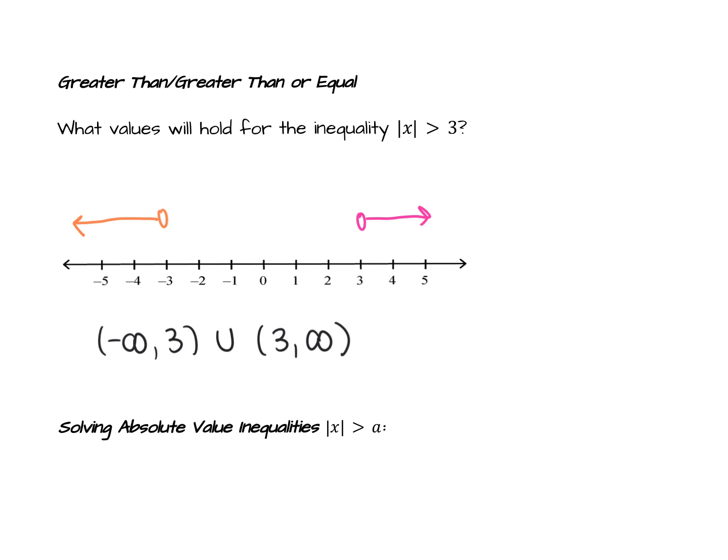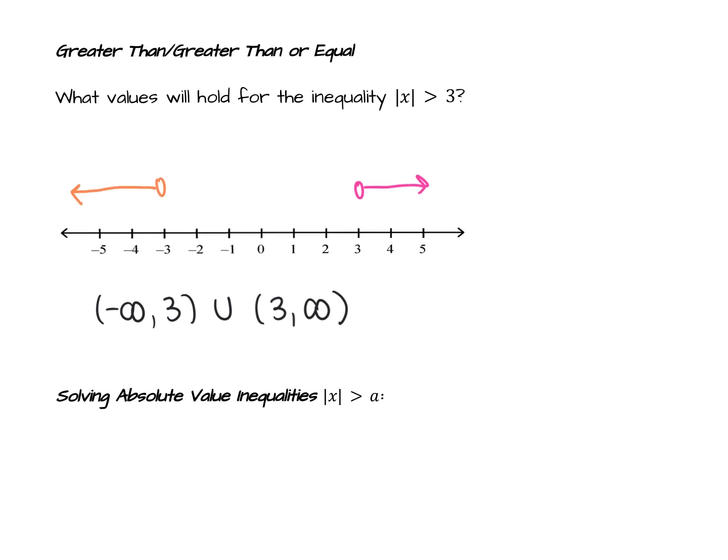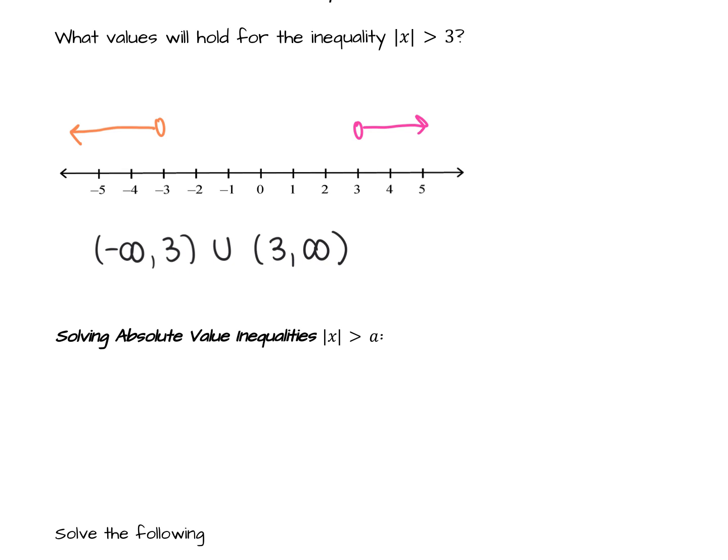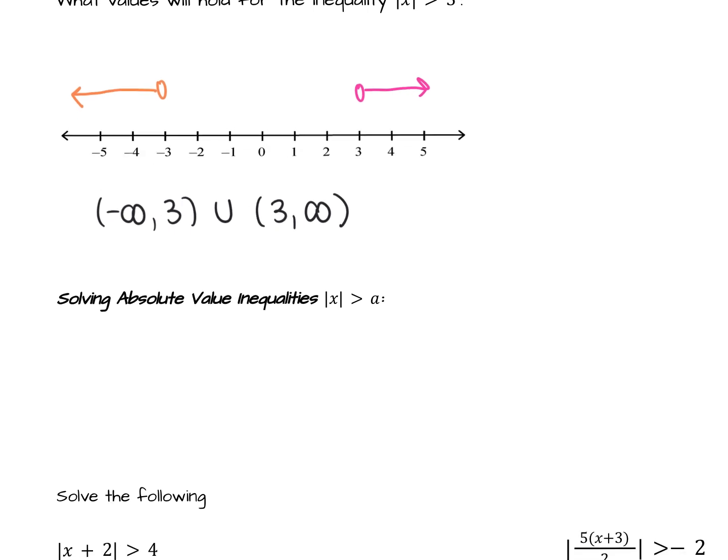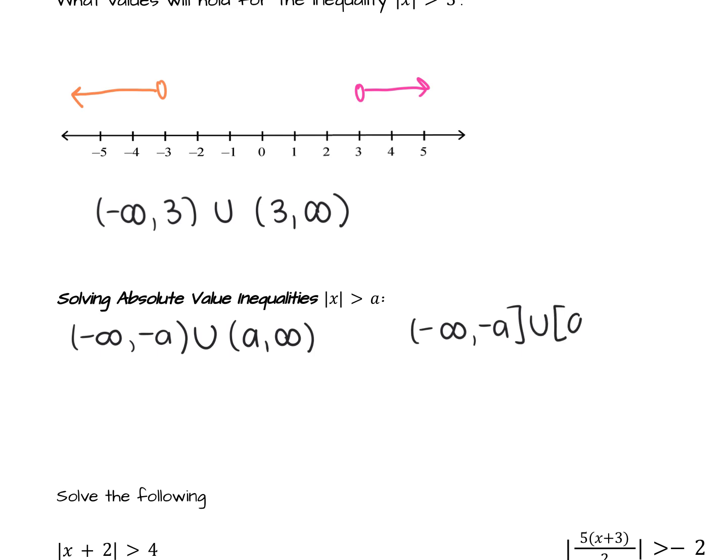So when you have an absolute value inequality with greater than, you're always going to have two solutions. For the absolute value of x greater than a, my solutions are negative infinity to negative a, parenthesis, and then union a comma infinity. And then again, if it's an equal to, it'd be negative infinity to negative a with a bracket, and then the union bracket a comma infinity.